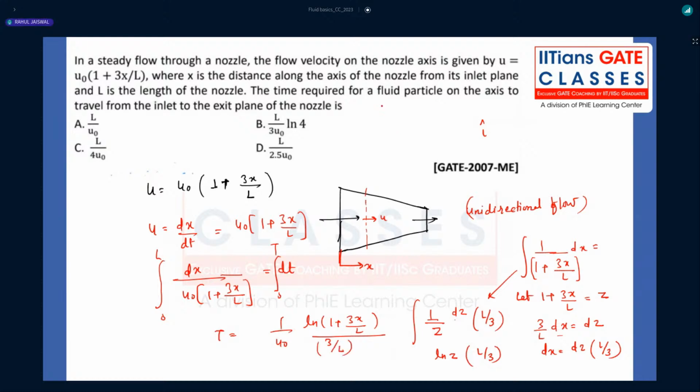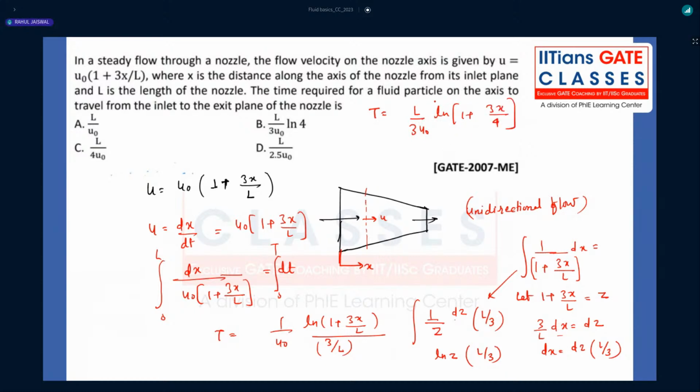So finally, what is the total time required for the fluid particles to travel from the inlet plane to the exit plane? T will be L by 3 u naught ln of (1 + 3x/L), right?